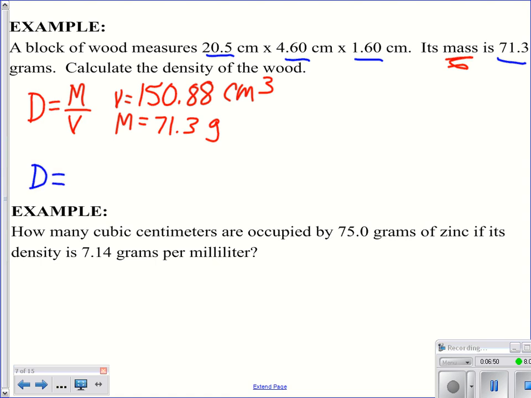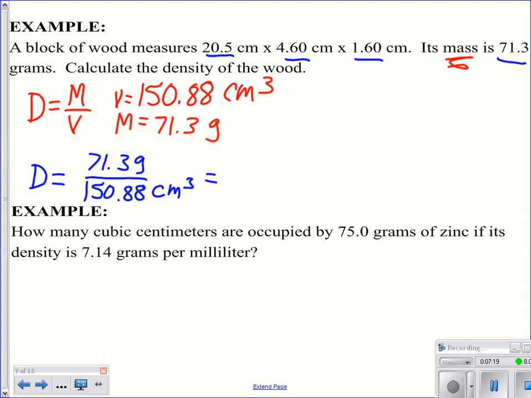All you have to do is say mass, 71.3 grams, divided by volume, 150.88 cubic centimeters, equals, and you do the math. The only thing that really makes that dimensional analysis in this case is that I am making sure that I show my units in that math process. So I see that grams and cubic centimeters don't cancel out, so I have to stick with both of those as my final answer.